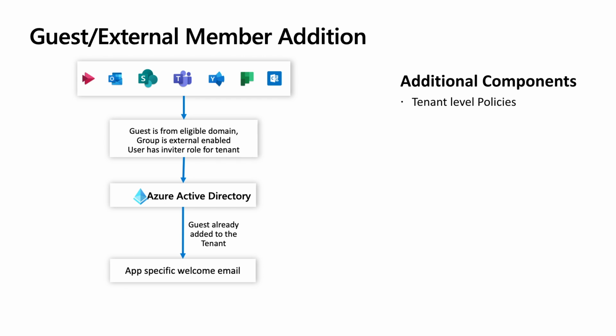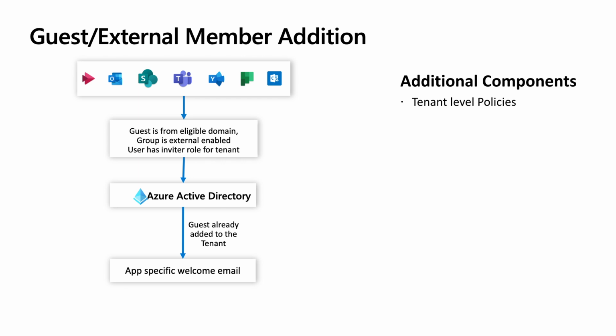This can be useful, for example, maybe in marketing you're okay with your marketing team working with different agencies, but maybe you don't want your research department to be working with external folks. So you can do these group level config options. The third one is the inviter role, meaning who in your company is even allowed to invite guests. This is just one more way of locking down guest access.